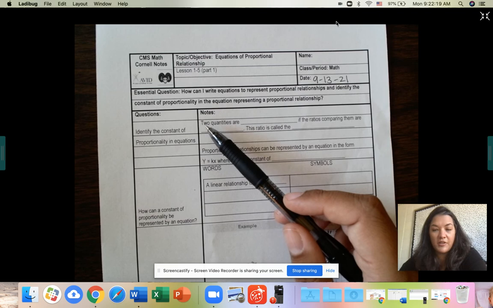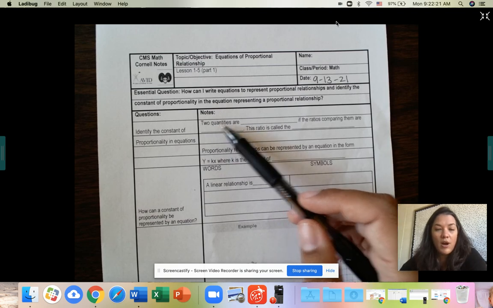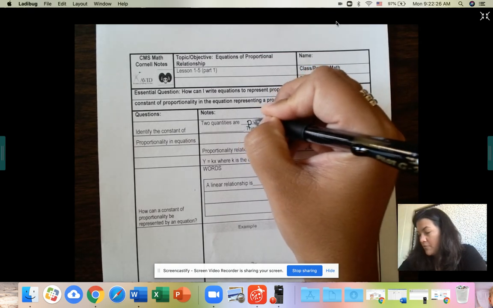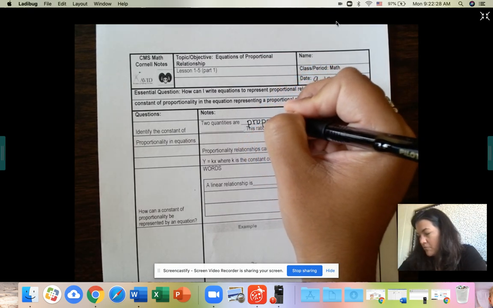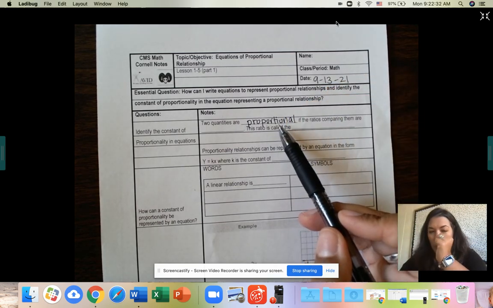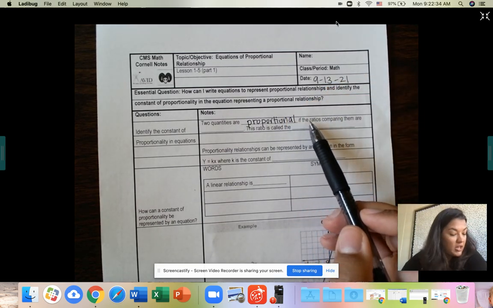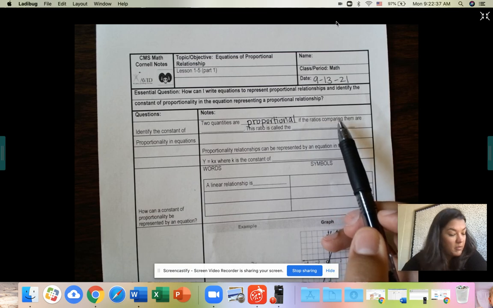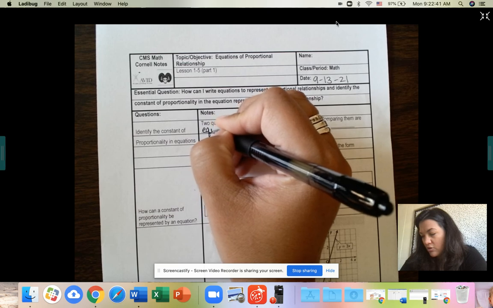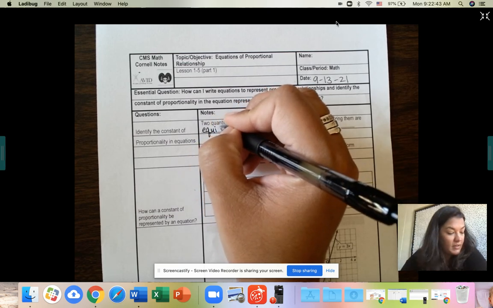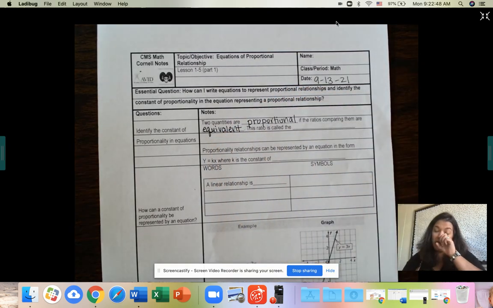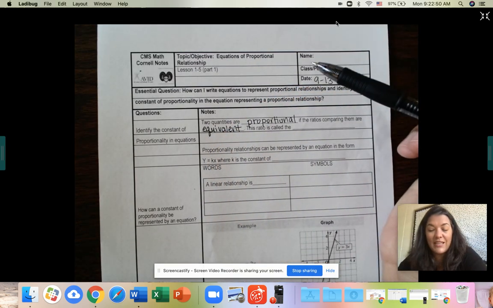If you will fill in the blank with me. Two quantities are proportional if the ratios comparing them are equivalent. Equivalent means equal.